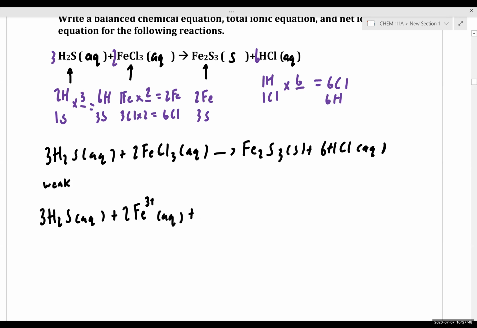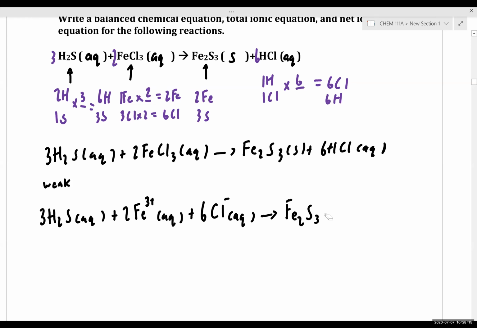And for chloride, how many chloride ions are generated from iron 3 chloride? 2 times 3 gives us how many chlorides in solution? 6. Always make sure to be meticulous with your counting. A lot of chemistry can be boiled down to counting things very carefully.